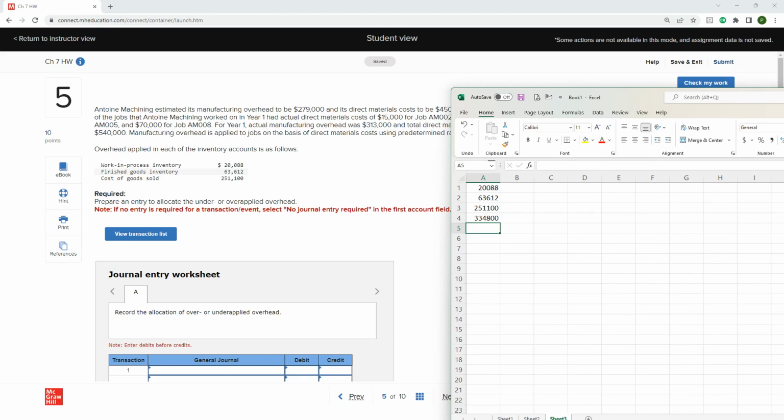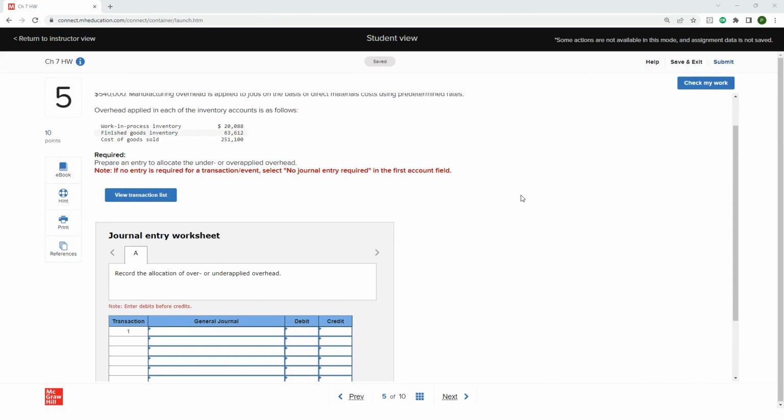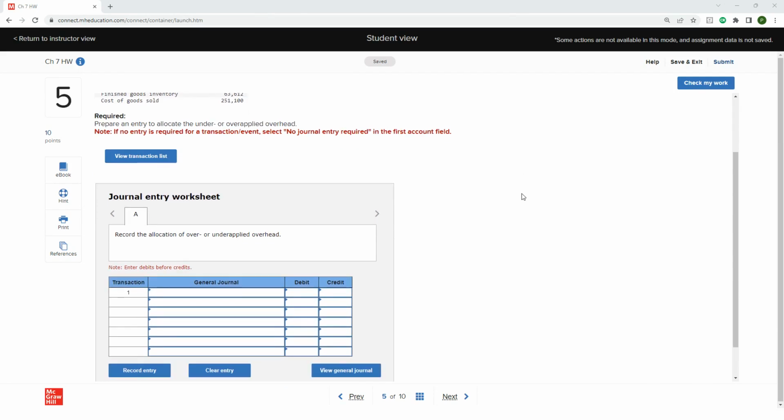So in this question, they want us to do the journal entry to record the allocation of over or under applied overhead. So this journal entry is going to do 2 things. One is we're going to allocate the over applied overhead. Remember, it was over applied by 21,800. But we're also going to close out the manufacturing overhead applied account and the manufacturing overhead control account.